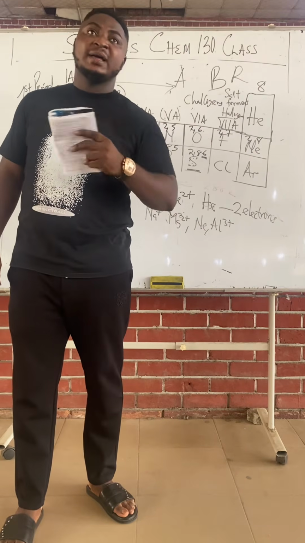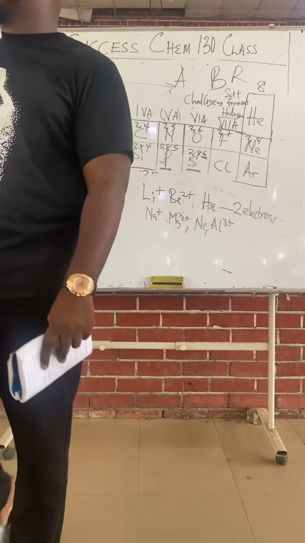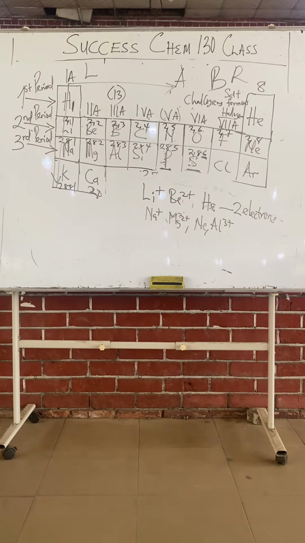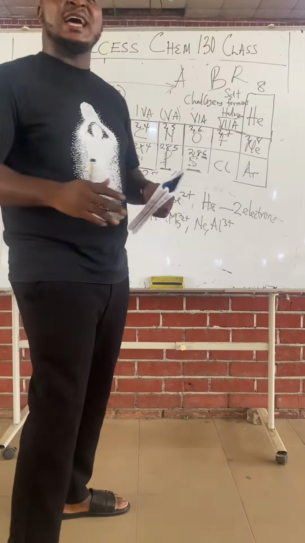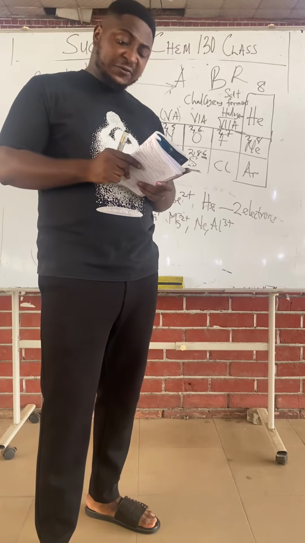That's the atomic number. Isoelectronic means that they have the same number of electrons, but their protons differ.